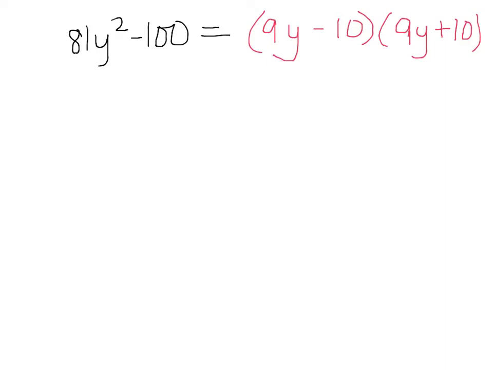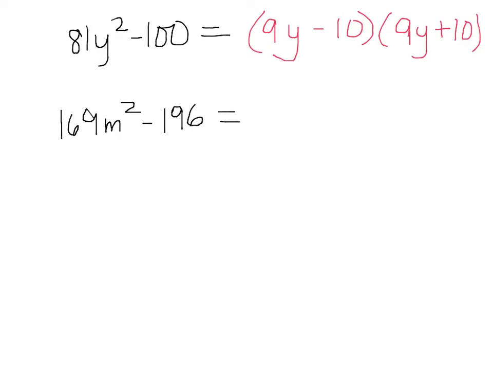And one last one. Let's take a look at 169m squared minus 196. Well, 169, I know the perfect square for that is 13. So the square root of 169 is 13.